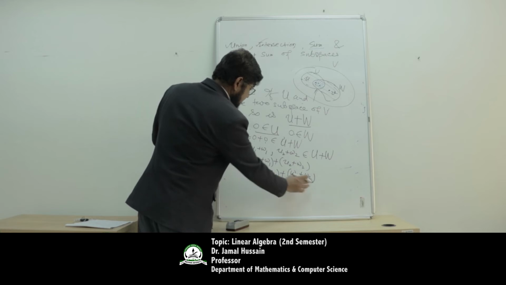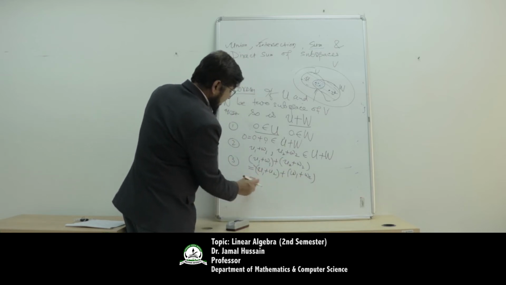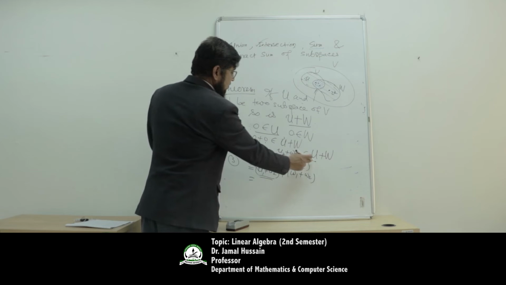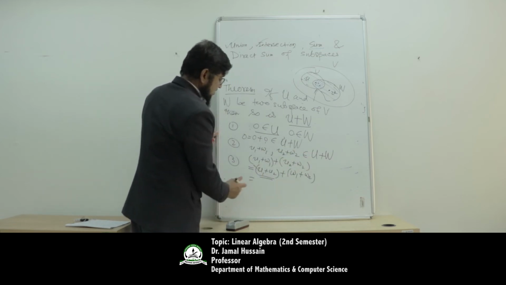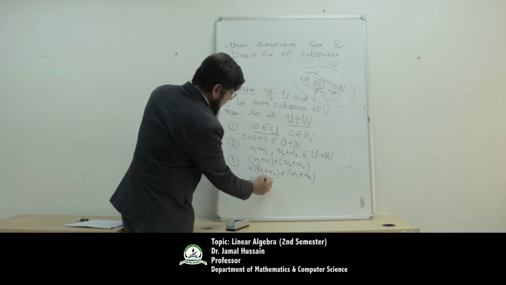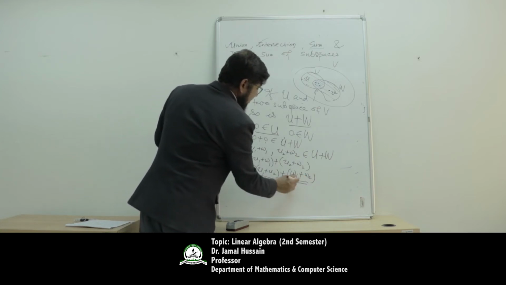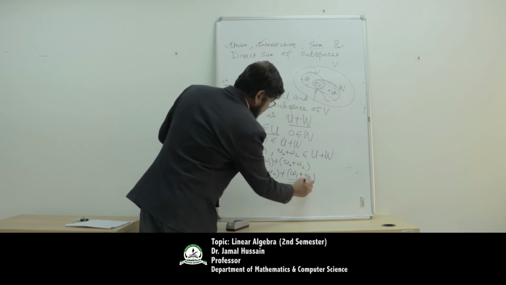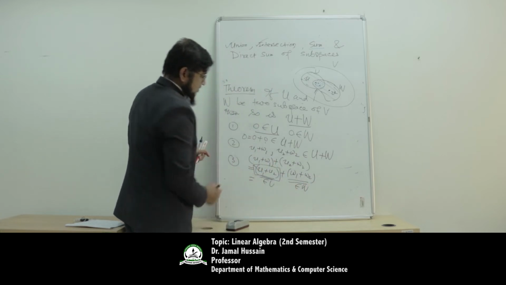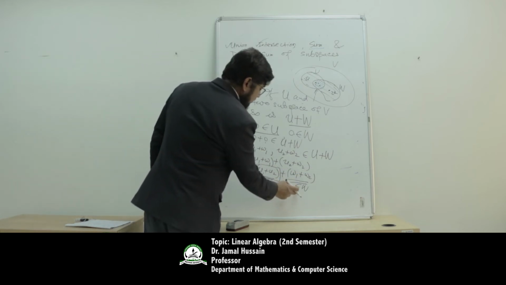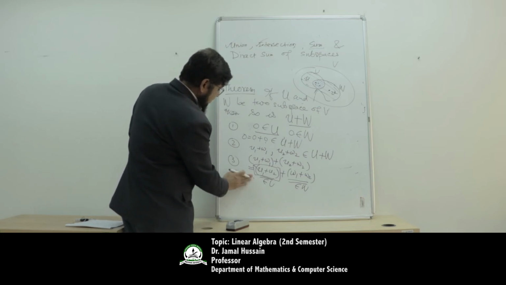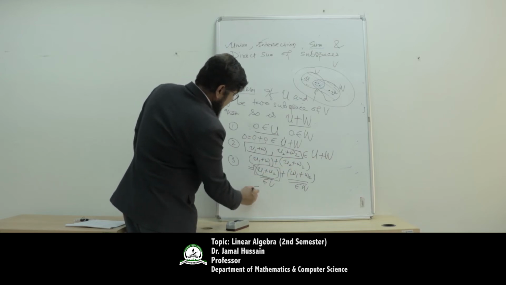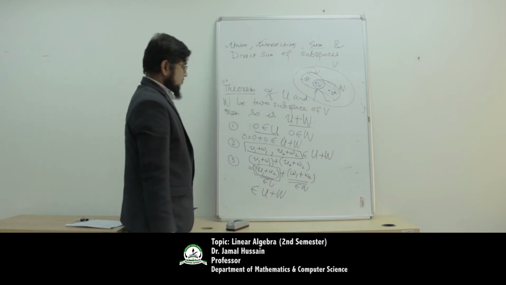So we can write this like this, and hence you can see these two, U1 and U2, both belong to U, and hence their sum, because U is a subspace, belongs to U. Similarly, both of these belong to W, and W is a subspace, and hence their sum will belong to W. So we have one value which belongs to U, another which belongs to W. It's a combination like this, and that's why the sum of these two also belongs to U plus W. So the second property is satisfied.